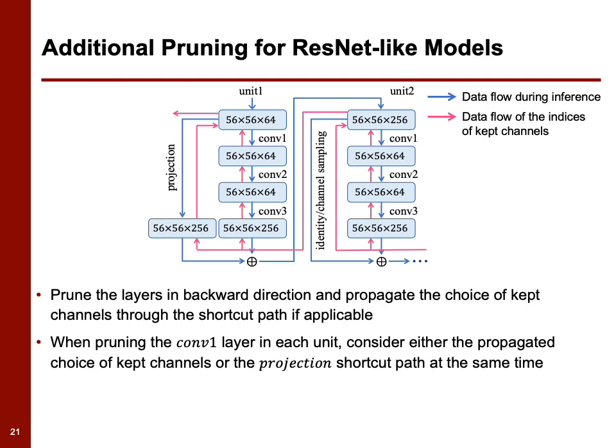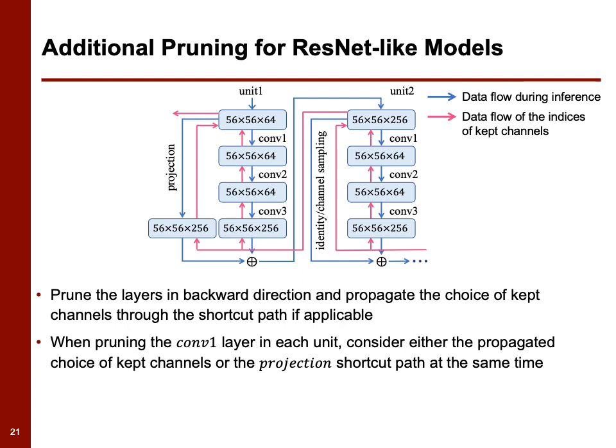For example, for Unit 2, we know there are some channels that need to be preserved because those indices are propagated back from later layers. So we don't prune those channels when pruning the Conv 1 layer. After pruning, the remaining channels should be a superset of the channels needed by the later layer. So we use channel sampling to select those out.